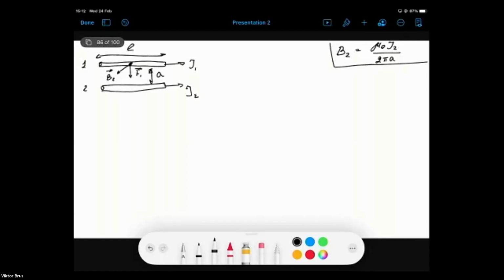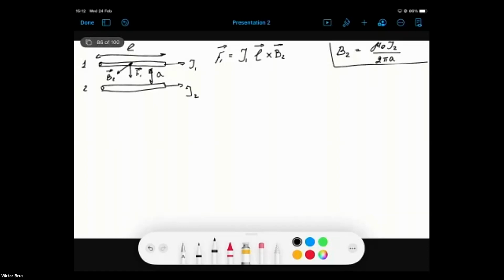And also we can express this force F1 as the product of I1 times the L vector, vector product with the B2 vector, which is the magnetic field vector created by conductor number 2, wire number 2.